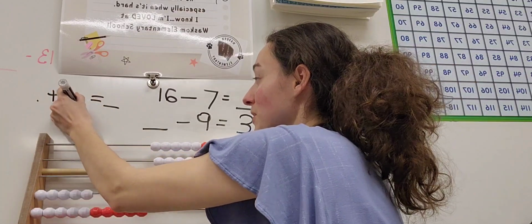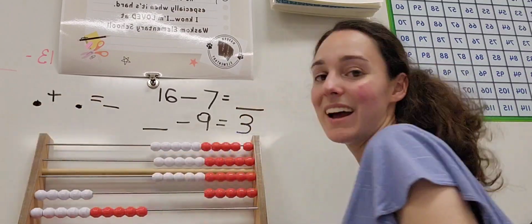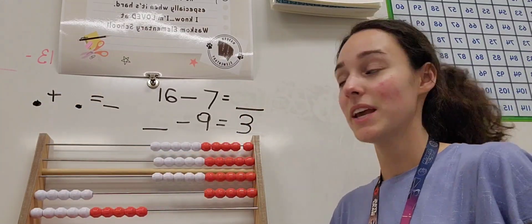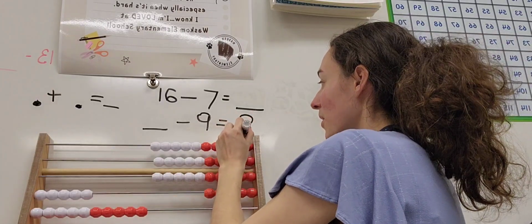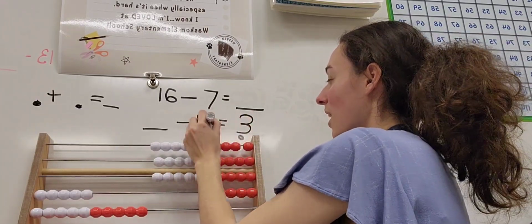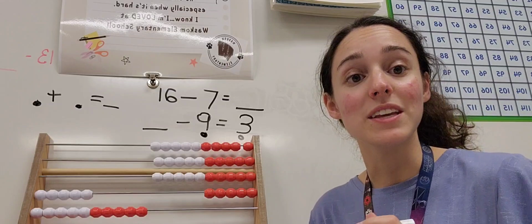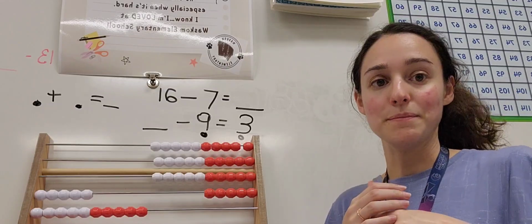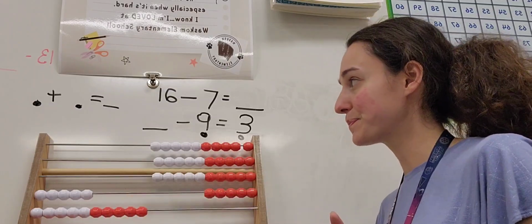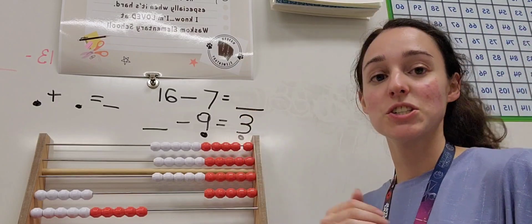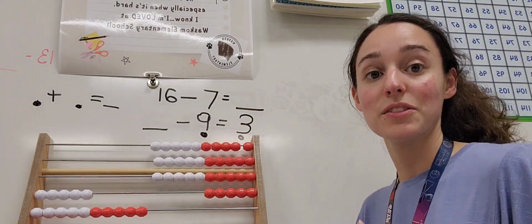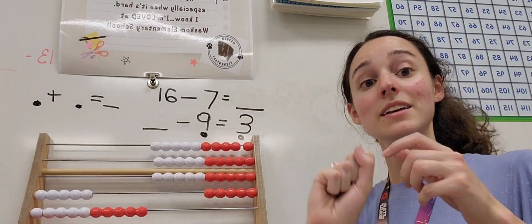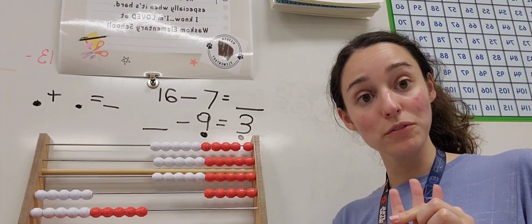These are where our parts go. Our parts are on the same side of the equal sign in addition. In subtraction, the parts are on the opposite sides of the equal sign, of the equation. So you can have them change it to addition, where they add the 9 and the 3 together. So they would go 9, 10, 11, 12.